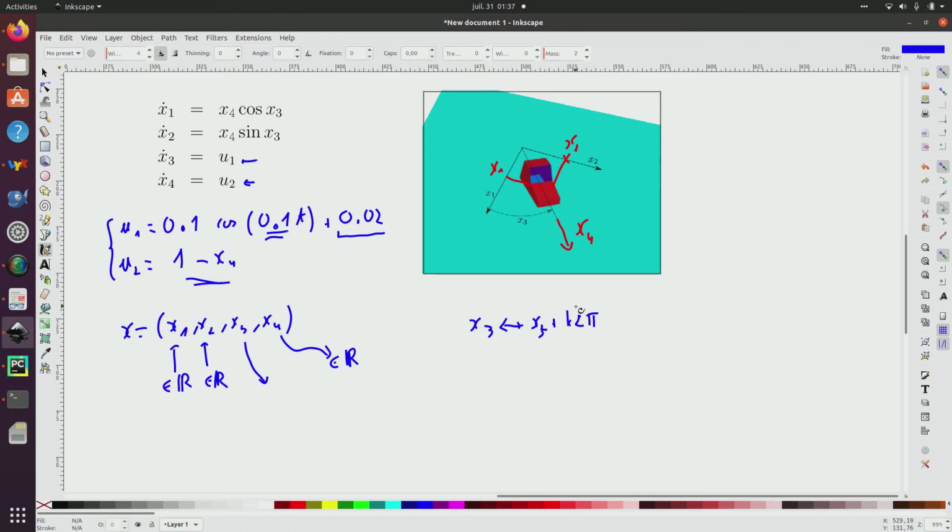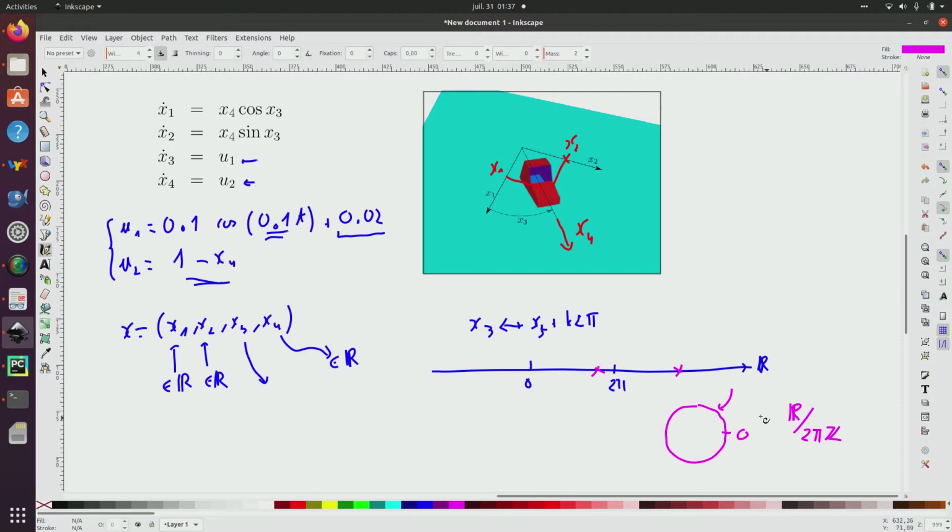So it means that the set of angles is not R, with a 0 angle here and 2π here. No, it's not like this, because I have some angles that are equivalent. The set of angles is a disk like this, with an angle equal to 0, and the manifold corresponding to this is R with a quotient by 2πZ.